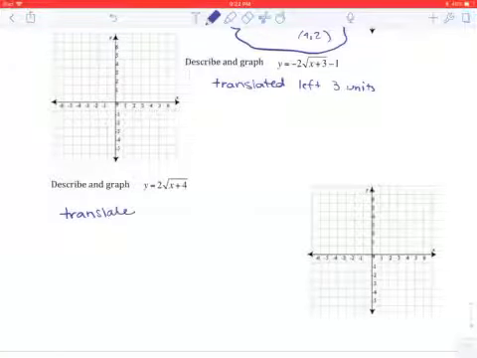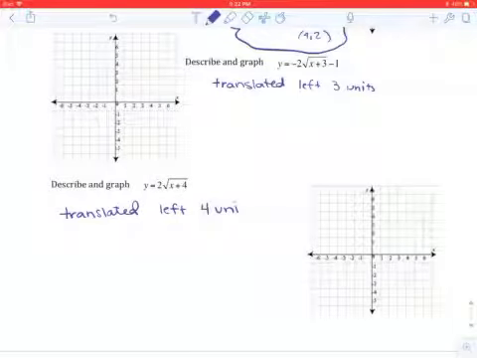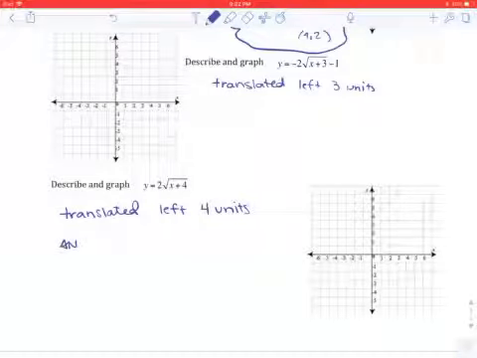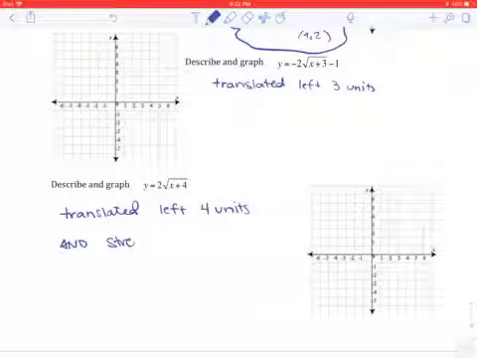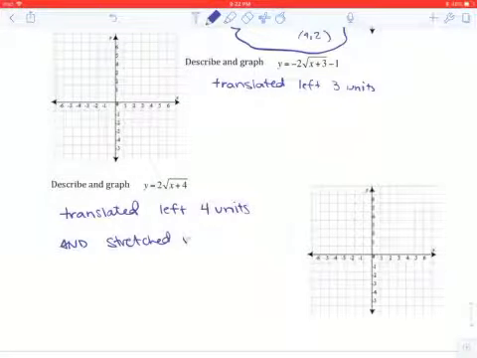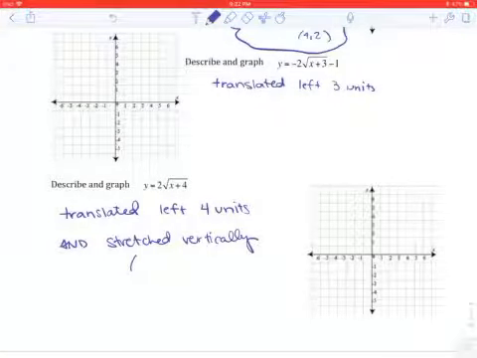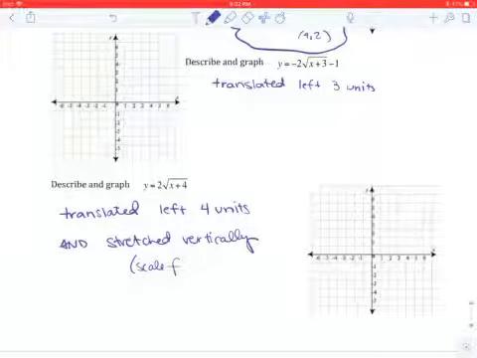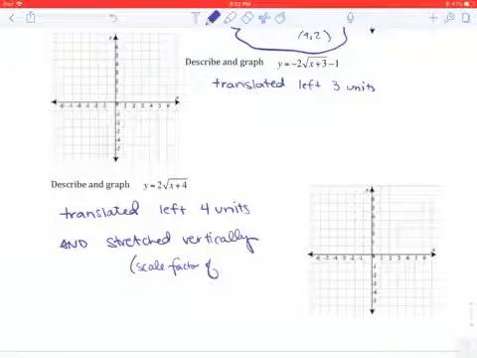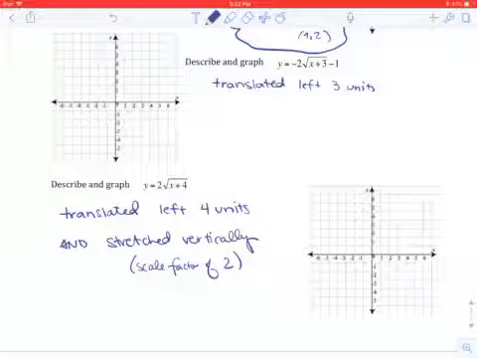Translated left 4 units. Again, that plus sign is going to mean left. And stretched vertically. It has a scale factor of 2, which means everything is twice as far.